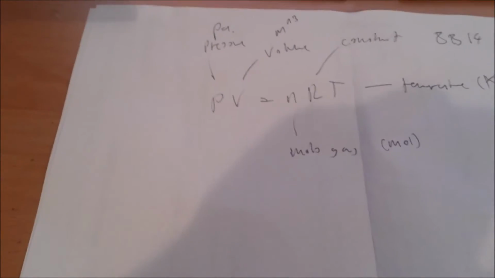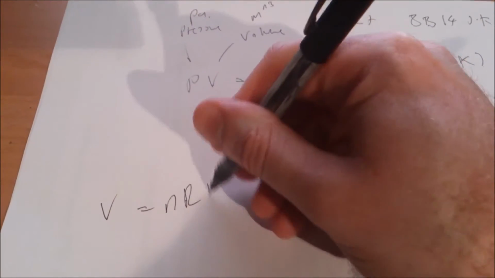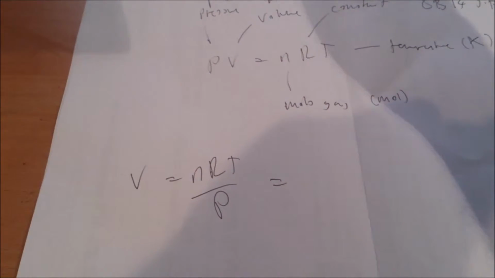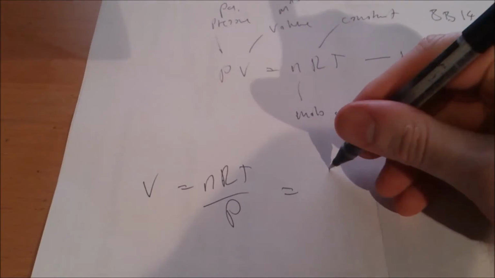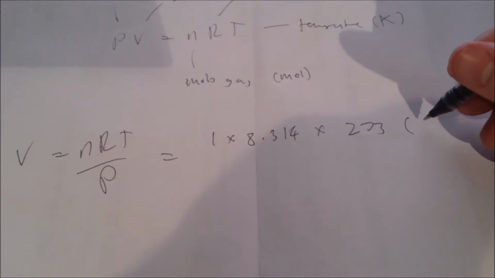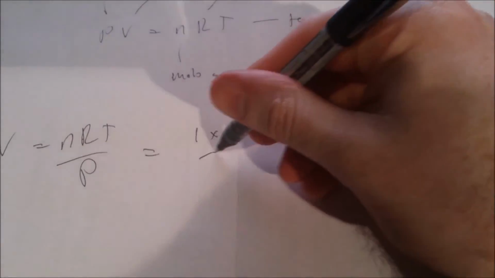If I do this as an example, V is what we're after, so we'll just divide all of that by the P, so V equals nRT over P, which will equal 1 for the number of moles, times R, which is 8.314, times the temperature, which at standard conditions is 273 Kelvin, that's 0 degrees C, or for instance that could be 298, which would be average room temperature, say 25 degrees.